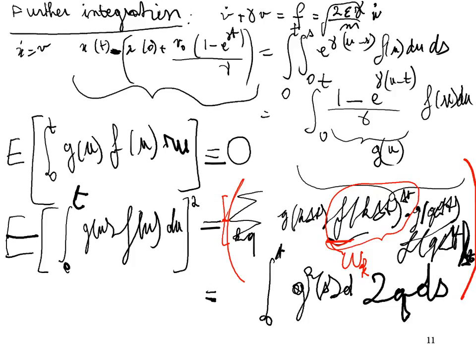Now this can be calculated explicitly because the function j is known.